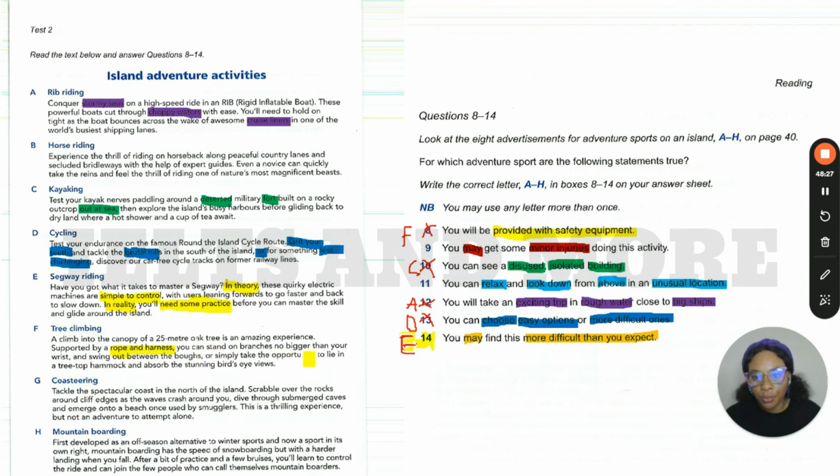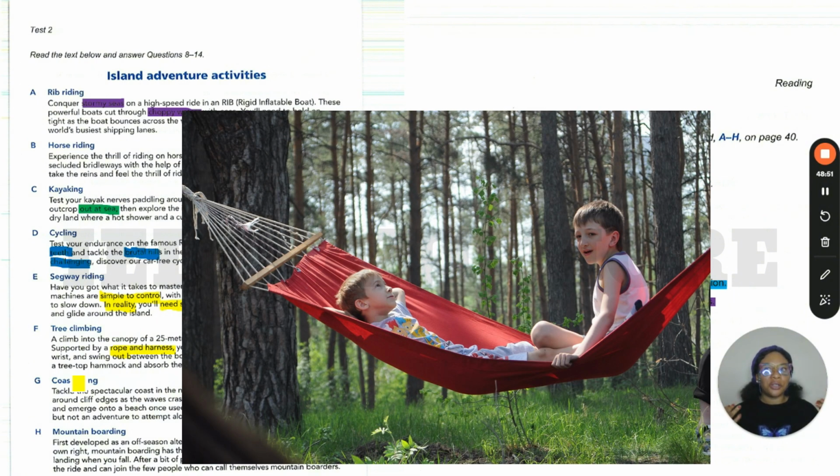No bigger than your wrist, and swing out between the boughs, or simply take the opportunity to lie in a treetop hammock. Lie literally means lie down in a treetop hammock. You've seen hammocks in movies.